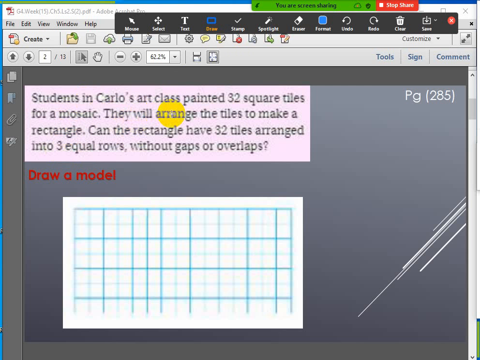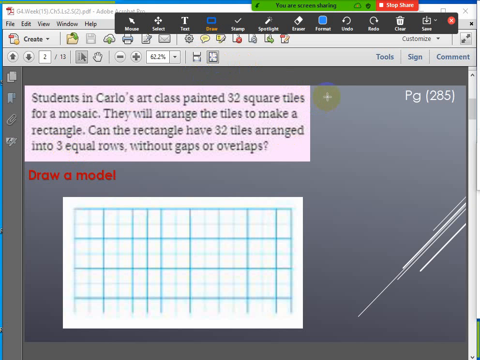They will arrange the tiles to make a rectangle. They will arrange 32 tiles to make a rectangle. Can the rectangle have 32 tiles arranged in 3 equal rows?